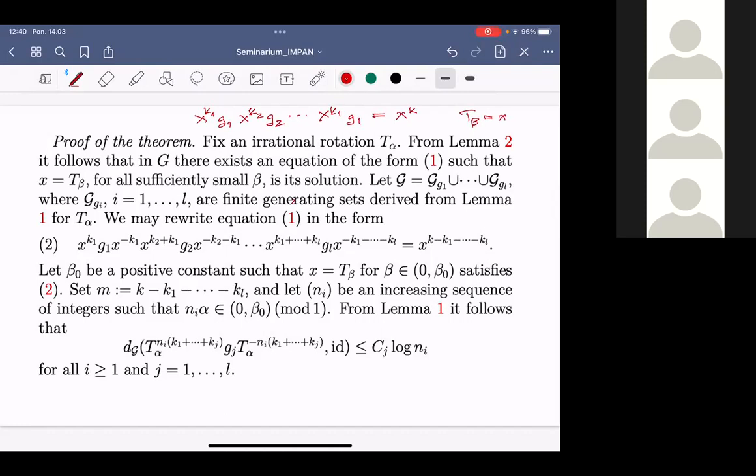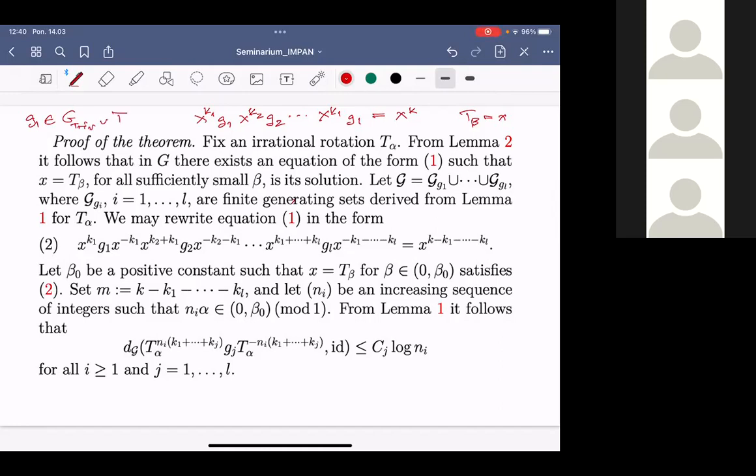Now, from lemma 1, we know that there exists a generating set. We should keep in mind that these elements g_l are in G or are just rotations.